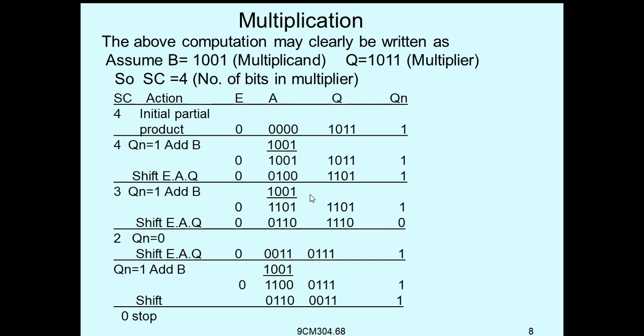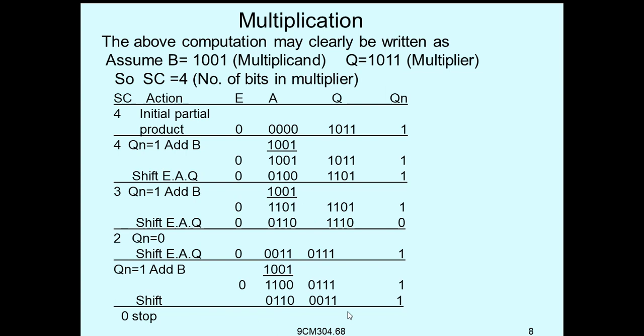So the result is nothing but whatever the AQ result, that is the final result of these two, 9 and then 99. So this is the result of 99.